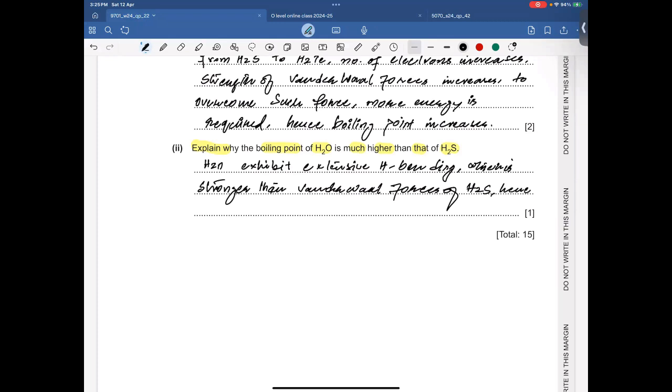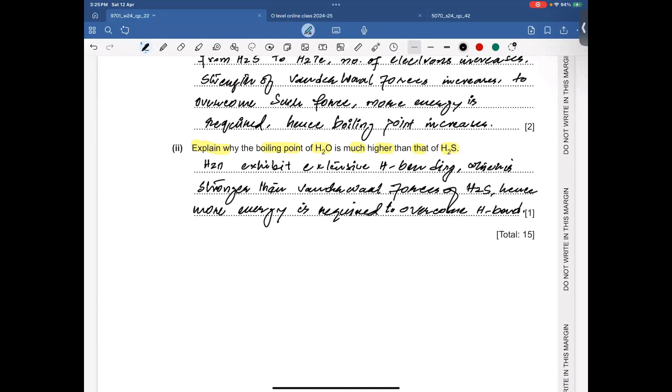Hence, more energy is required to overcome hydrogen bonds.